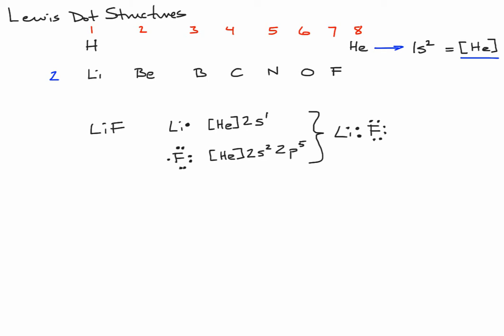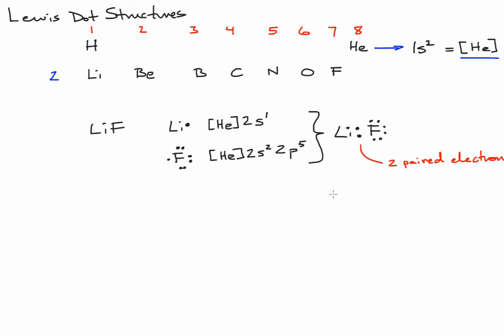So that's a Lewis dot structure. So these 2 paired electrons represent a chemical bond.